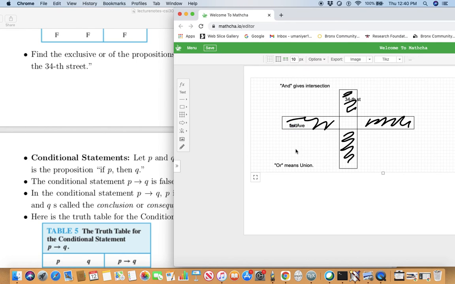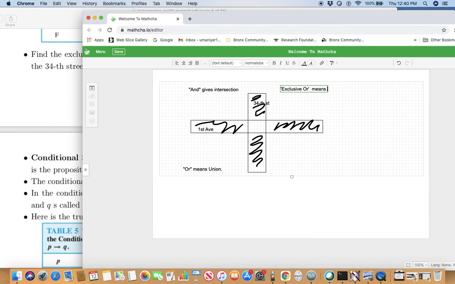Okay, so let's write that down somewhere. So this is called exclusive or, and it means or but not both. So this or means all of it but not both. That is, you have to exclude the intersection, and that gives you exclusive or. I hope it's clear.